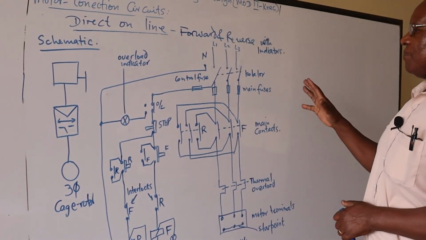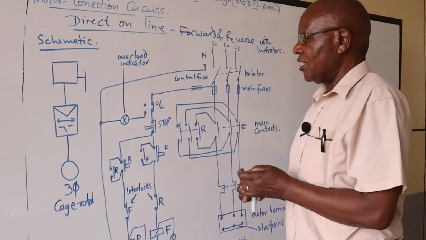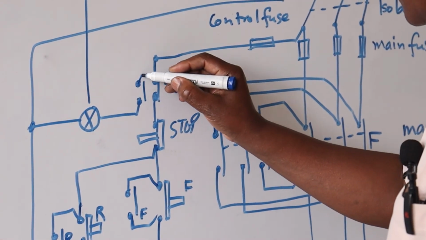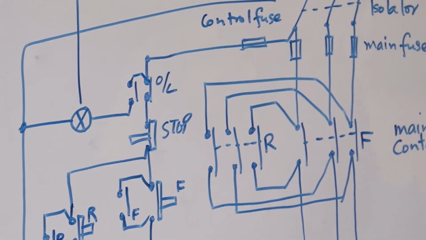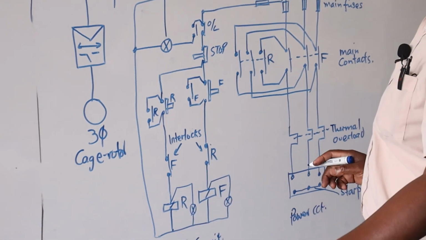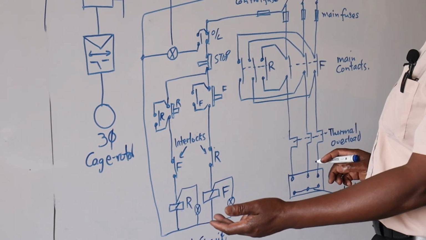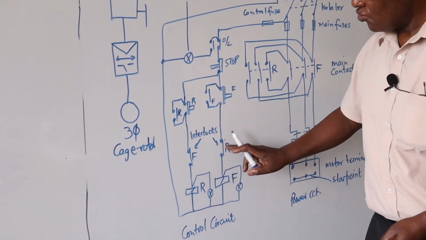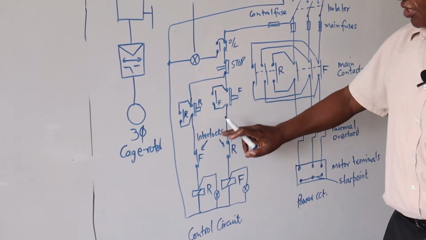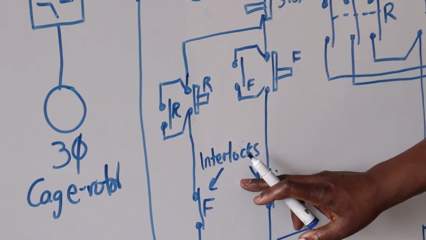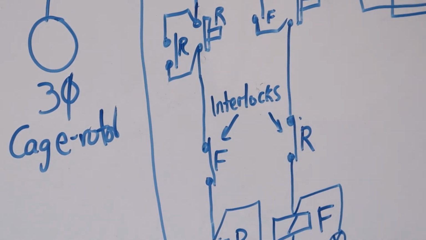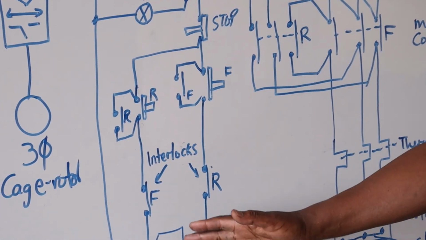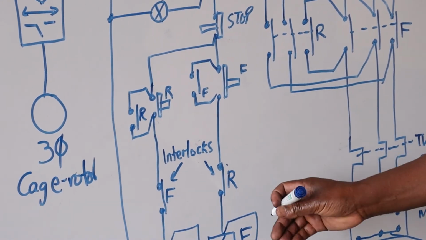Now with this kind of a setup, we need to ensure that in case the motor is running in the forward direction, we cannot connect it to move in the reverse direction. So here I've included two contacts which I usually call interlocks. That means if the motor is running in the forward direction, then if you try to operate the reverse, there will be no feed available.